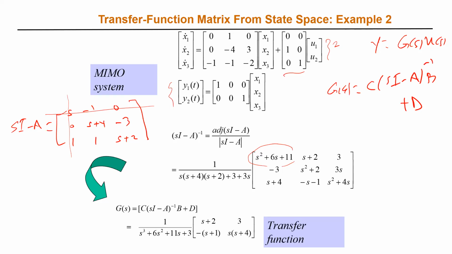If you have two outputs, the G of S matrix will have two rows. The number of rows is determined by the outputs, the number of columns by the inputs. So G will be Q by P, where Y is Q by 1 and U is P by 1.